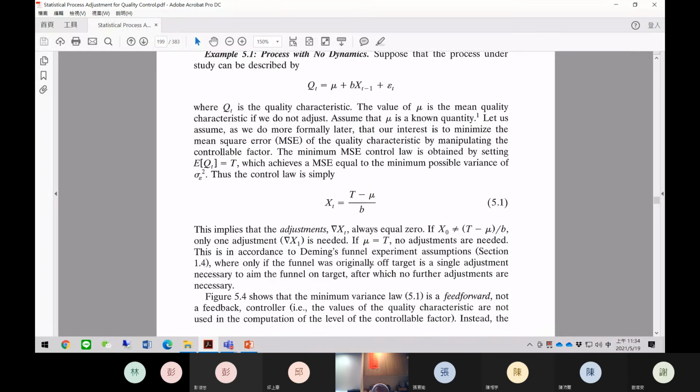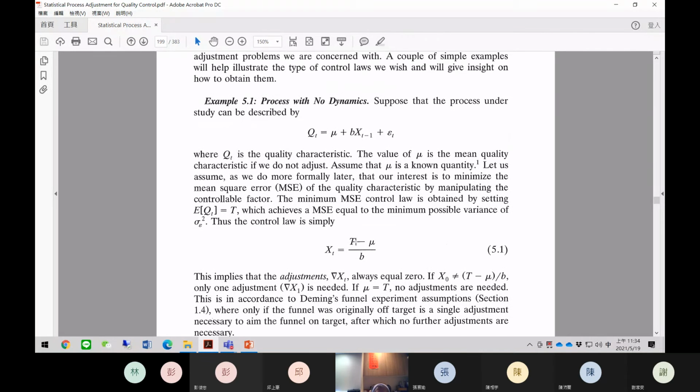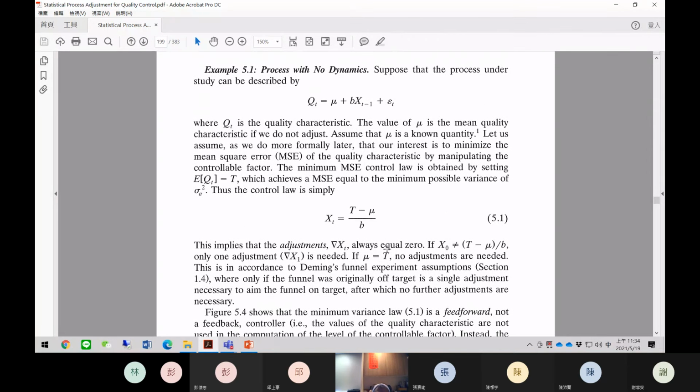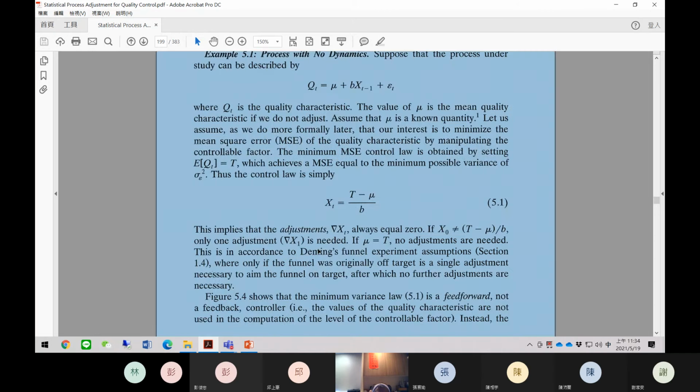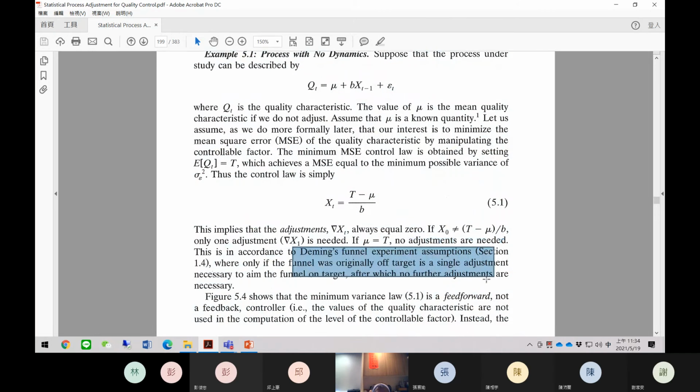This is according to the Deming funnel experiment. If you remember, if the process is always on target and stable, rule 1 will be the best policy. That's why no adjustment is needed, due to the Deming funnel experiment.